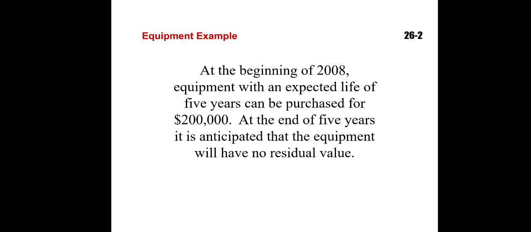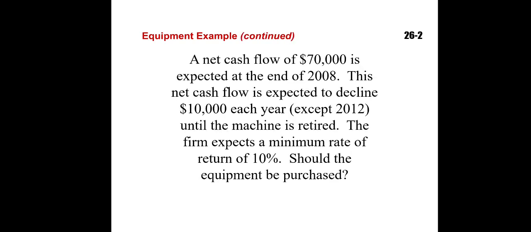So let's see. At the beginning of 2008, equipment with an expected life of 5 years can be purchased for $200,000. At the end of 5 years, it is anticipated that the equipment will have no residual value. A net cash flow of $70,000 is expected at the end of 2008.